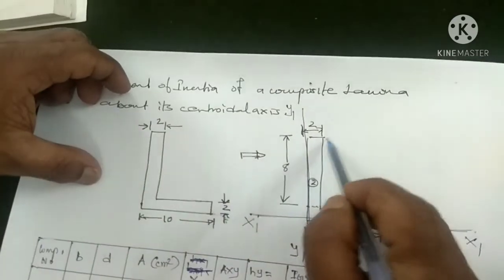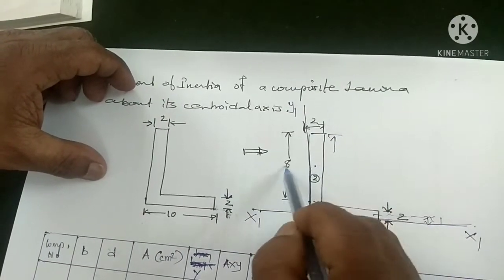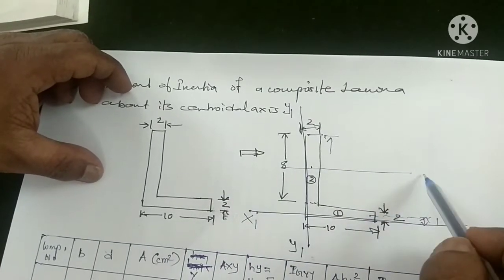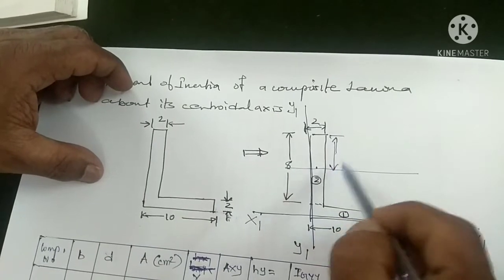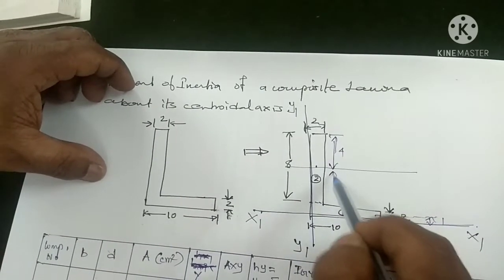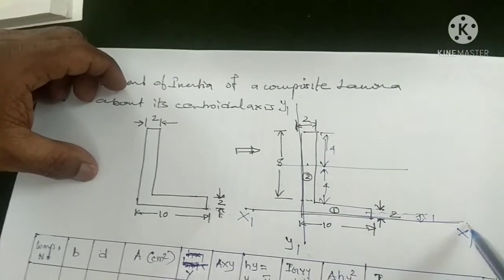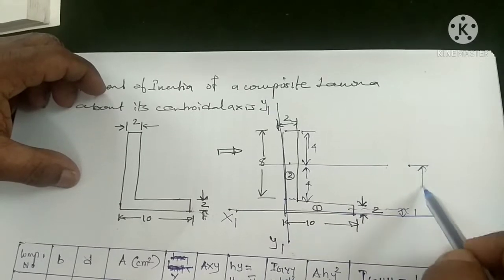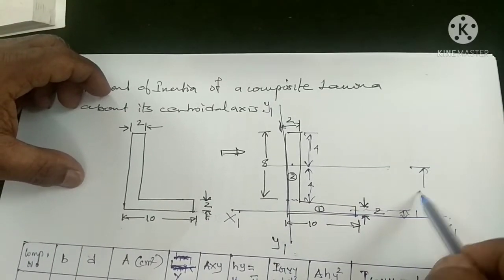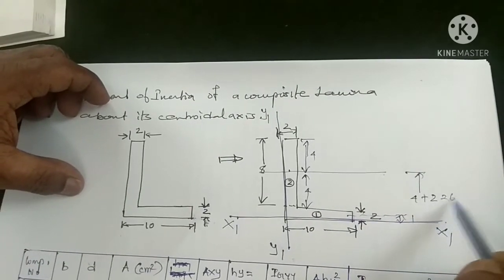For the second component, the horizontal centroidal axis is at 4 from its base, so from this axis the distance will be 4 plus 2, which is equal to 6.